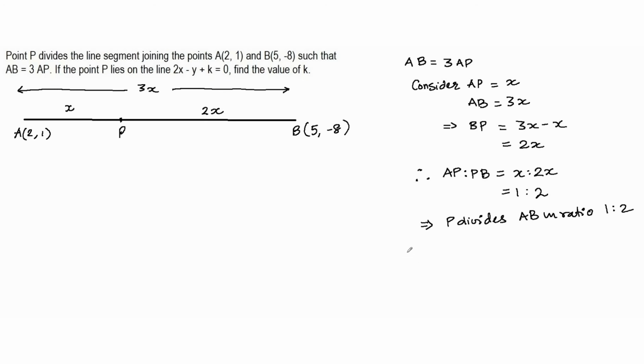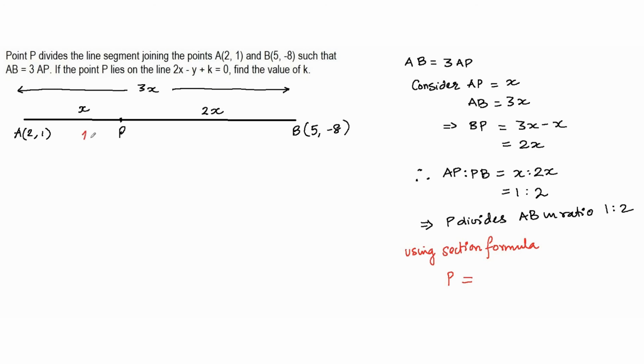So I will say using the section formula, the coordinate of P is going to be, so let me write the ratio below the line.